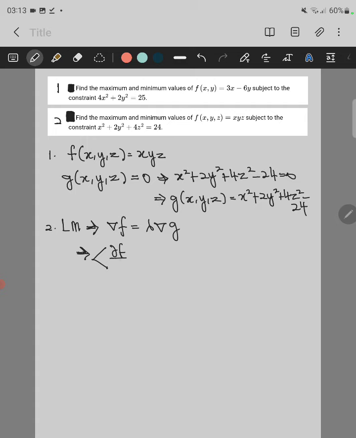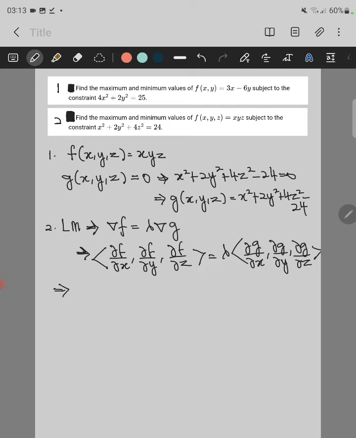So we have ∂f/∂x, ∂f/∂y, ∂f/∂z. This one will be lambda times ∂g/∂x, ∂g/∂y, ∂g/∂z. Let's find all the terms here.